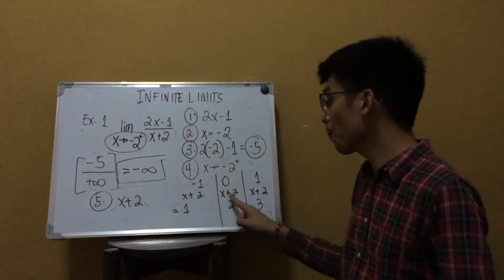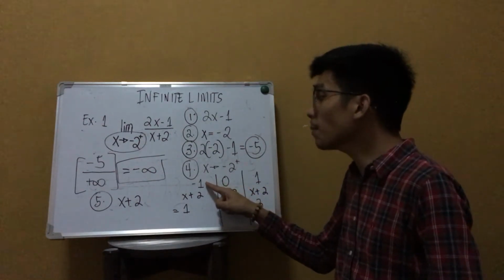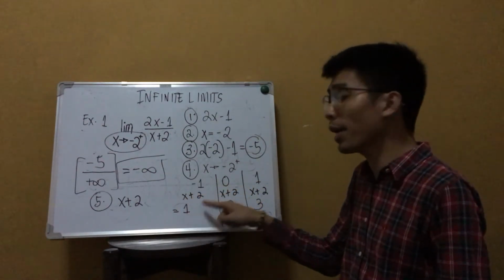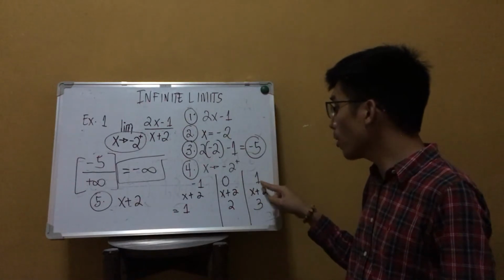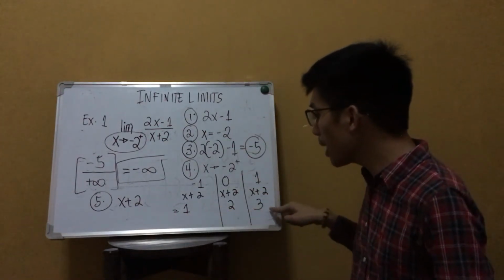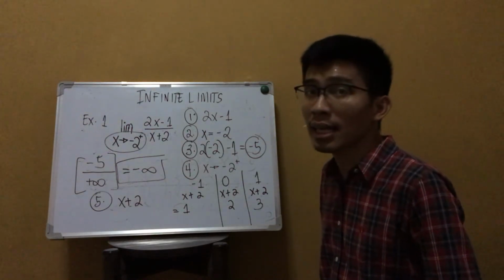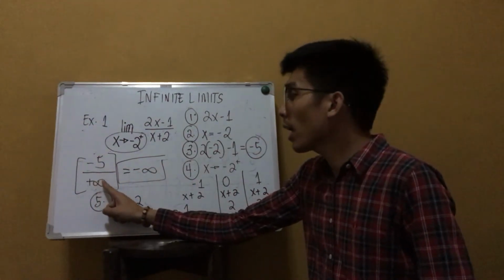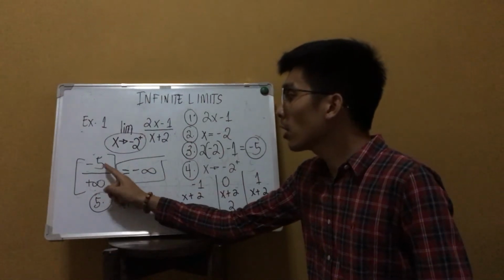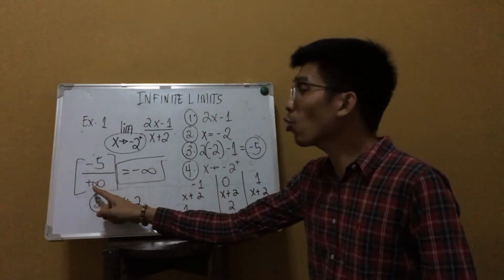So x plus 2, x plus 2, and x plus 2. Substitute negative 1 plus 2, that is 1, 0 plus 2, that is 2, 1 plus 2, that is 3. And obviously, if you observe this, these are all positive numbers, and that is considered to be positive infinite.